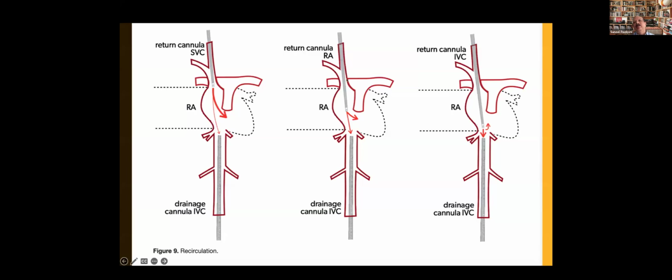But once the distance between the returning cannula and drainage cannula starts coming down, more and more blood, which is directly ejected from the returning cannula, is sucked by the drainage cannula. So the distance between the tips of the drainage cannula and returning cannula is very important.